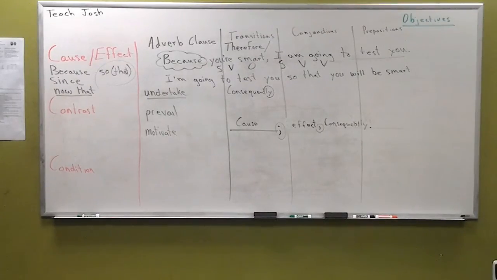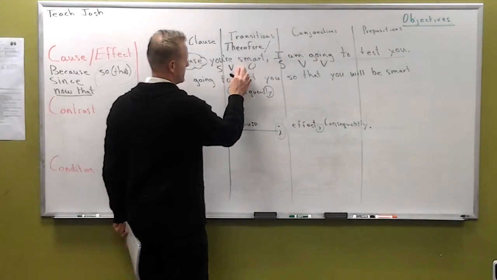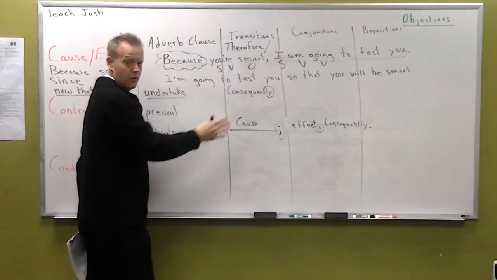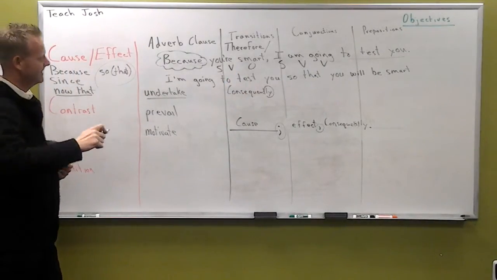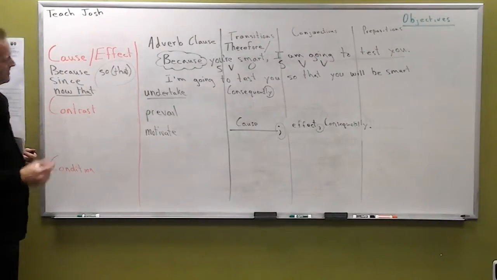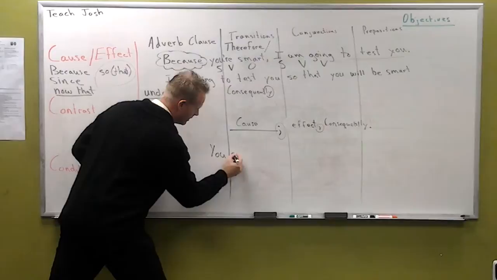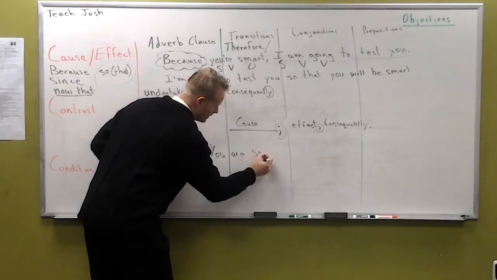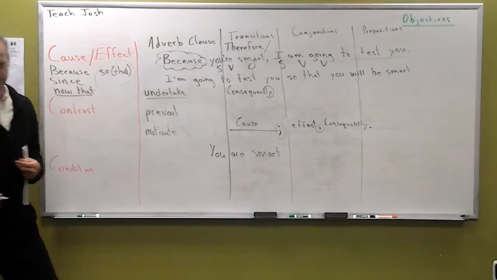All right, let's look at another one. Conjunction. What conjunction shows cause and effect? So, kind of cool. Can anybody take this sentence and use so? You're smart, so I'm going... Here you go. You are smart. Comma or no comma? Good.